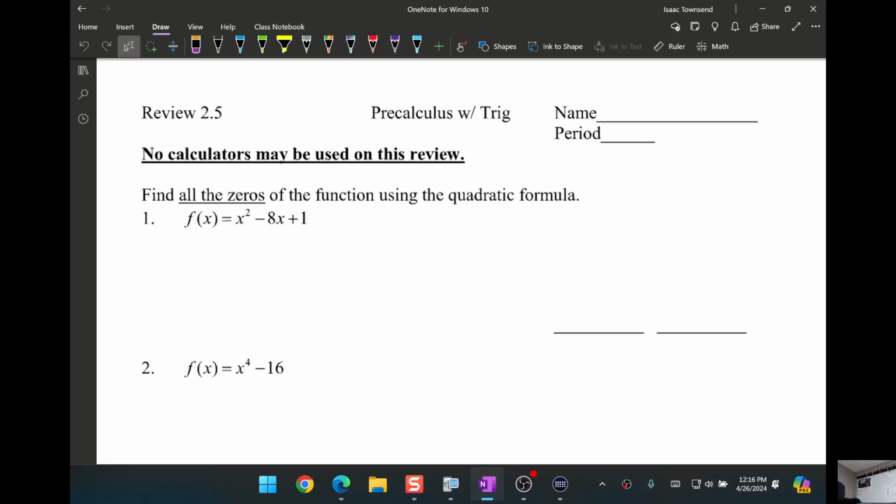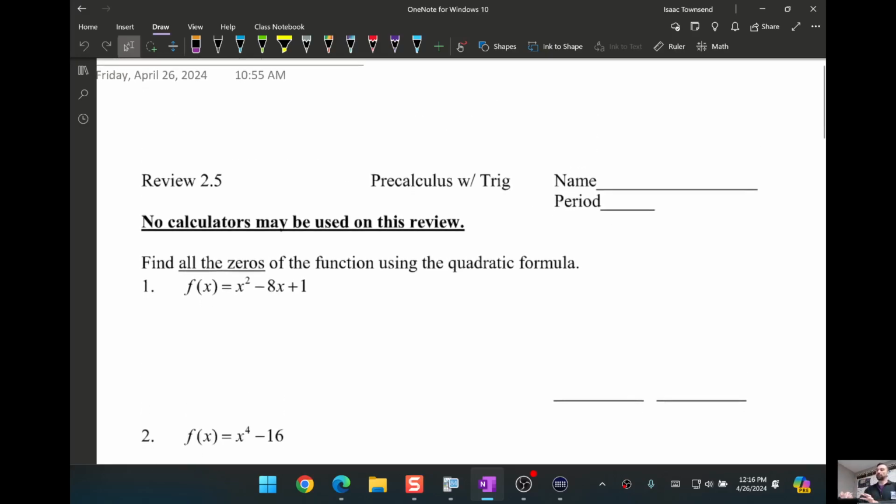So section 2.5 is about the fundamental theorem of algebra, which I think I had mentioned the other day that you really probably know the fundamental theorem of algebra. You probably just didn't know its name. So the fundamental theorem of algebra just says whatever the degree of the polynomial is the same as its number of solutions, or the same as its number of zeros.